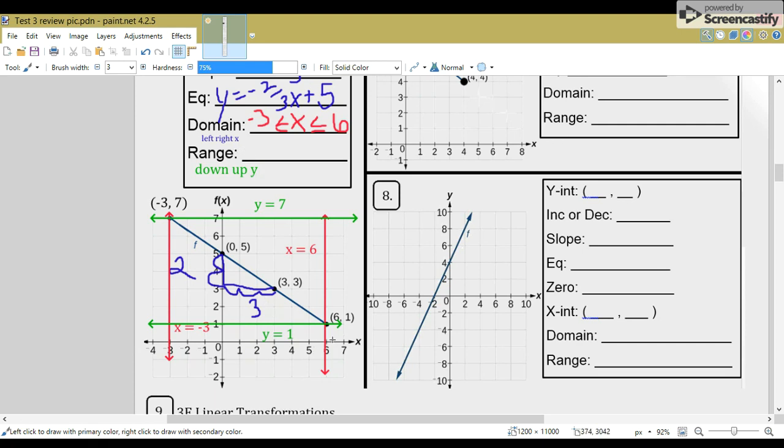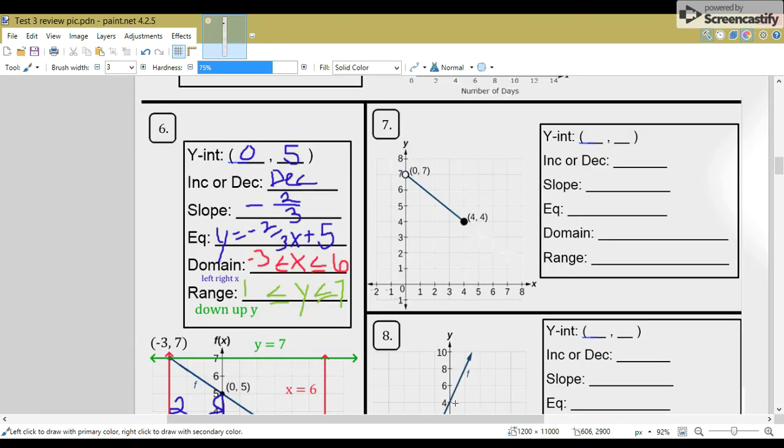Our lowest y is 1, so let's put that on the left. Our highest y is 7, so let's put that on the right side of our line. We're talking about range, so we're going to put the letter y. We could also put f of x. That's the same thing. We have lines underneath both less than symbols because they are both closed points.